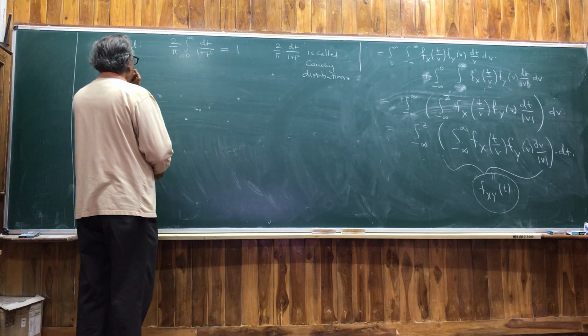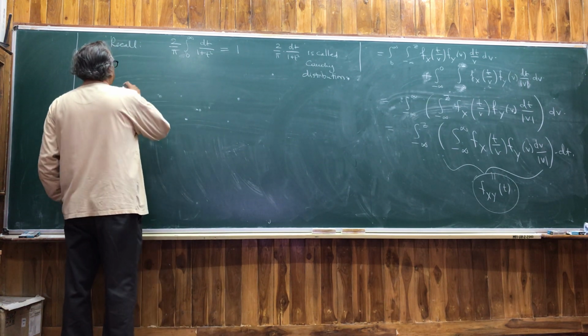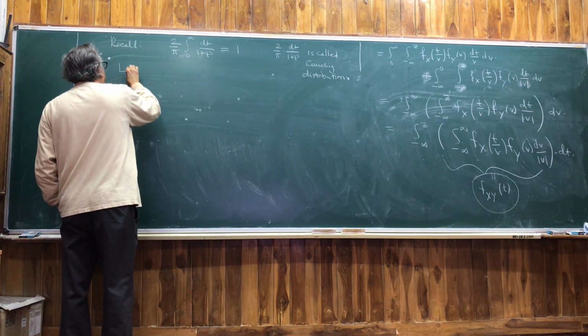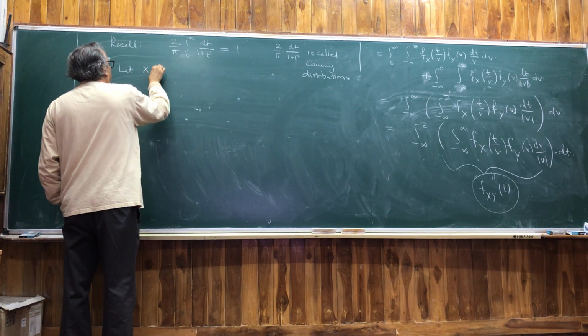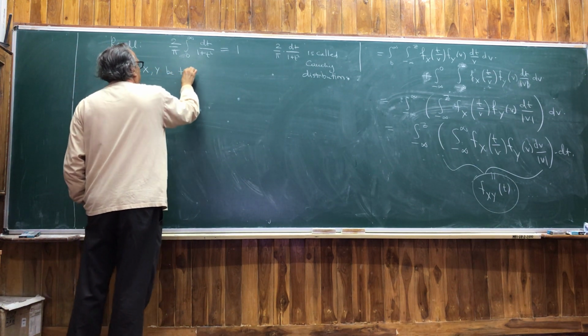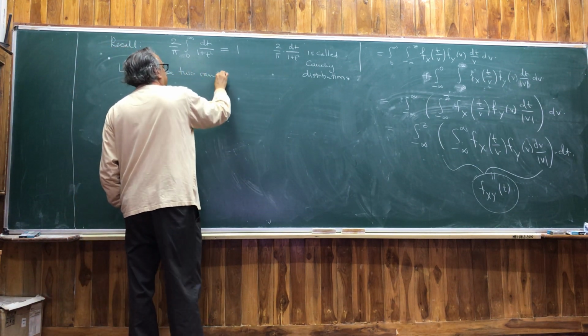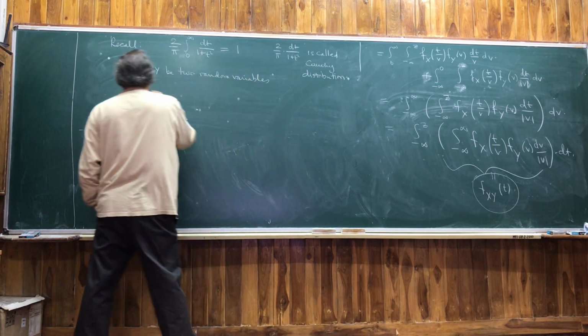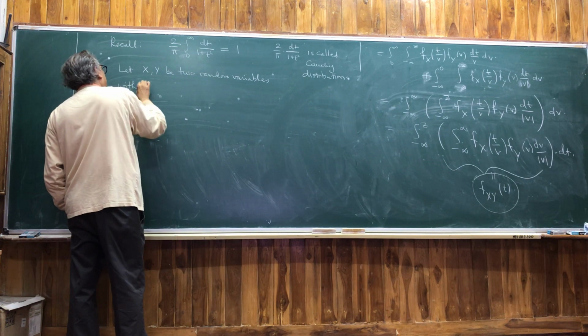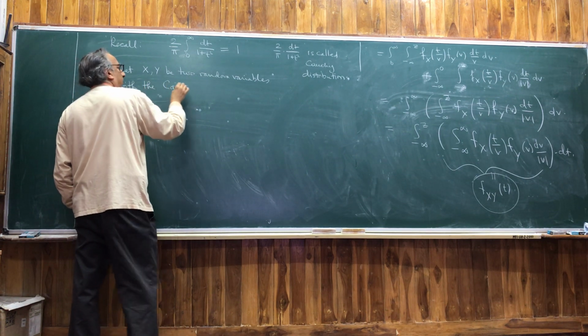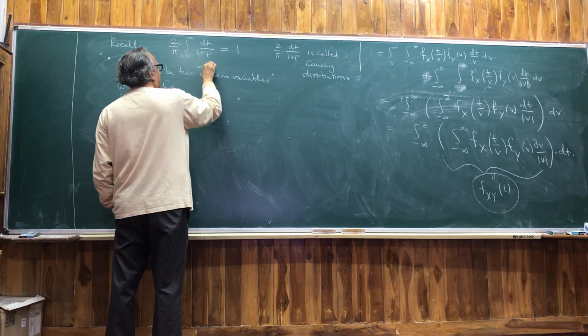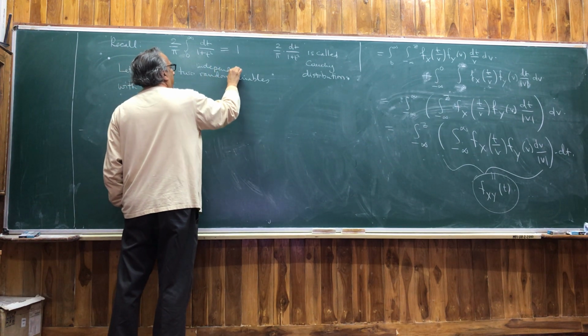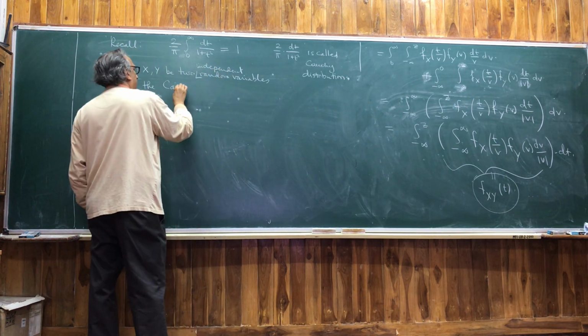So now, once you have this, let X, Y be two random variables, independent, I keep forgetting to say this, independent variables with the Cauchy distribution.